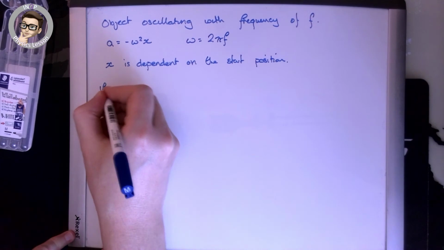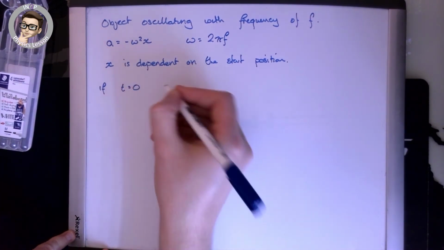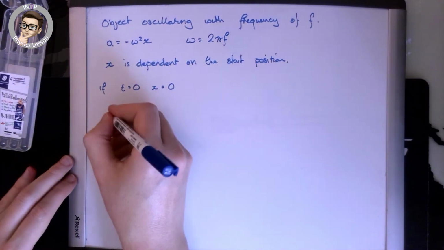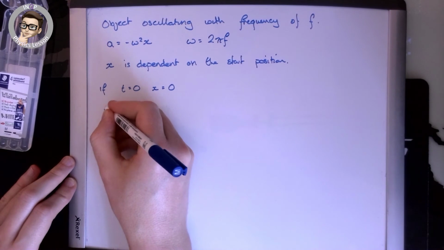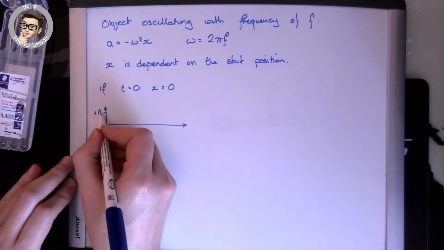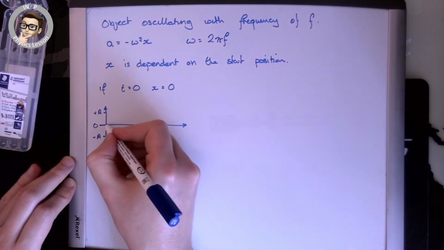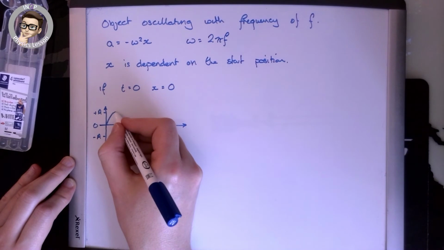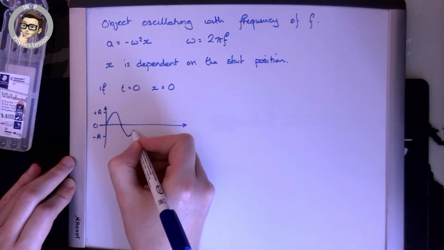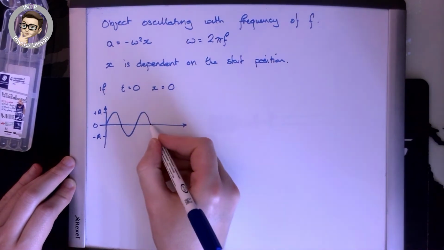So if at t equals 0, x is going to start at 0, so it's going to start at the midpoint, then our graph will have a maximum amplitude, a minimum amplitude, and a 0, but we know it'll start from 0, go to the maximum, come back to 0, go to the minimum, come back to 0, go to the maximum, and so on. We'll do one more.